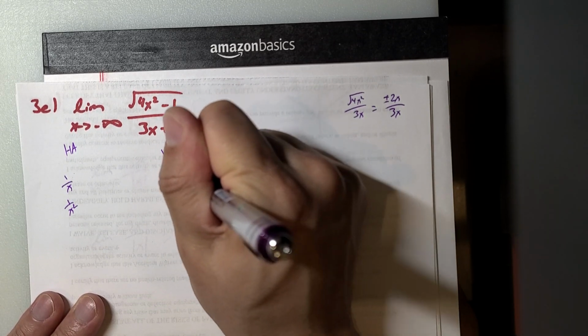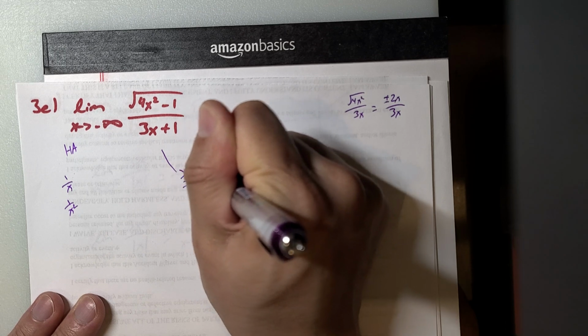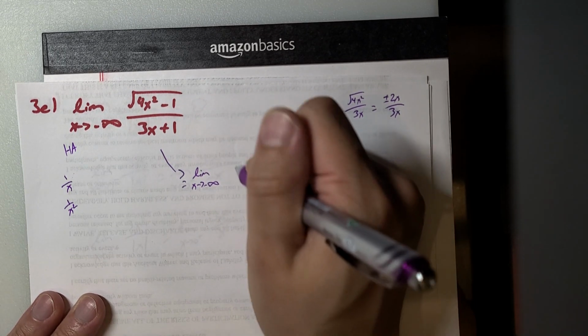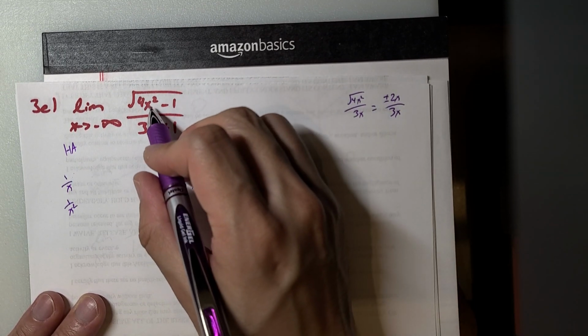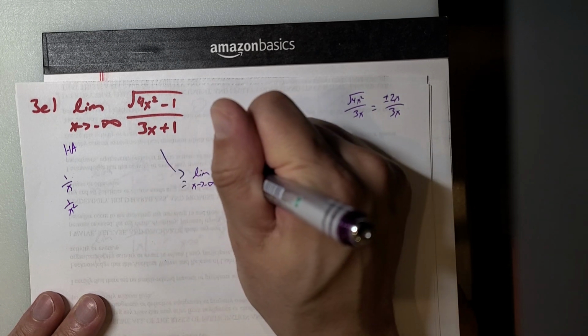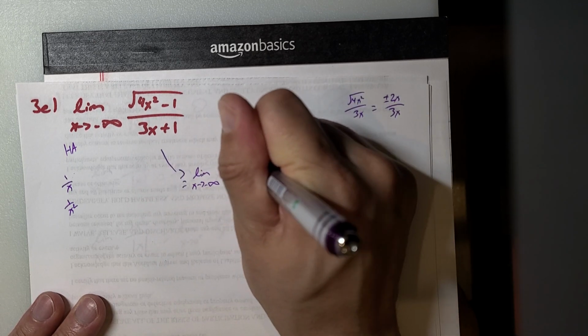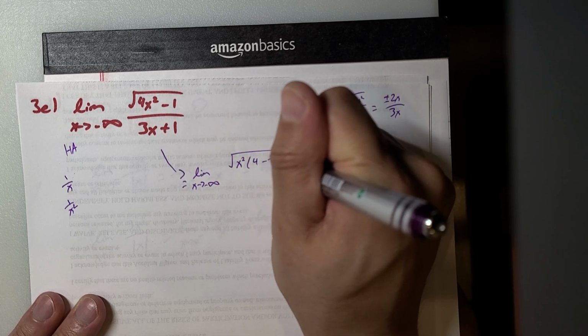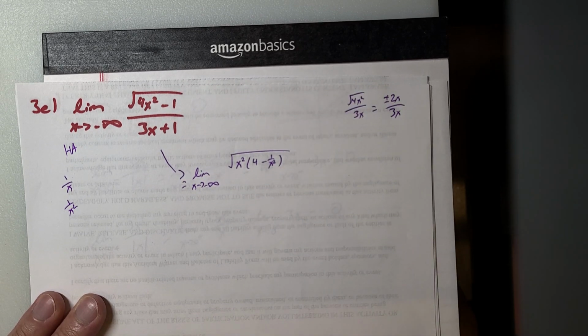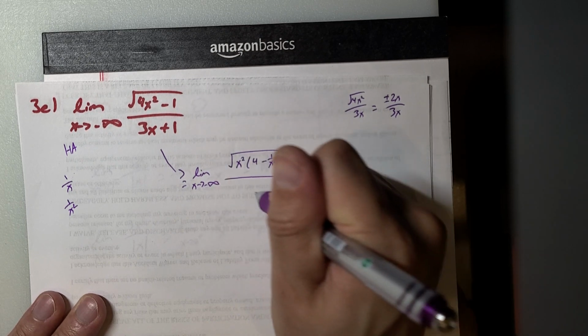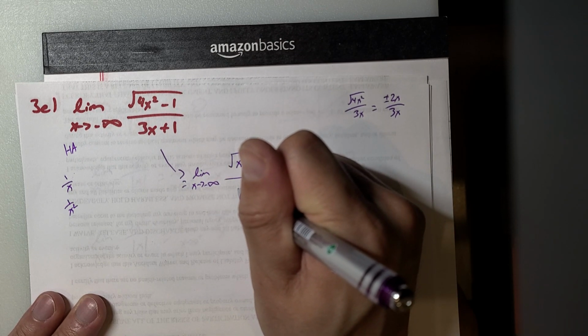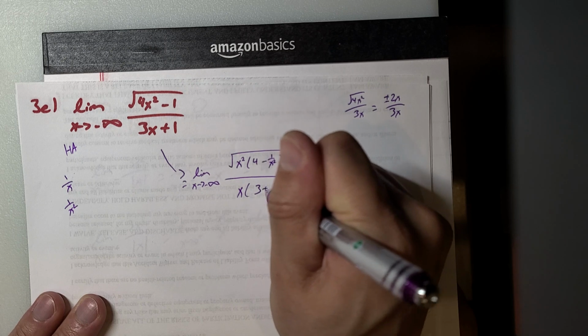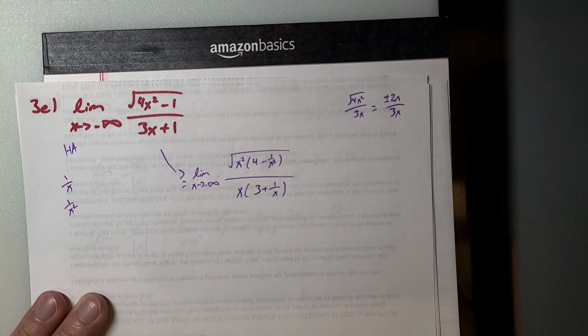Let's do limit x goes to minus infinity. I like to just factor out the biggest degree from the top and the bottom, so it'll be something like this. We factor out x squared on the top, that'll be 4 minus 1 over x squared. Over the bottom, the biggest term is x, so it'll be 3 plus 1 over x.